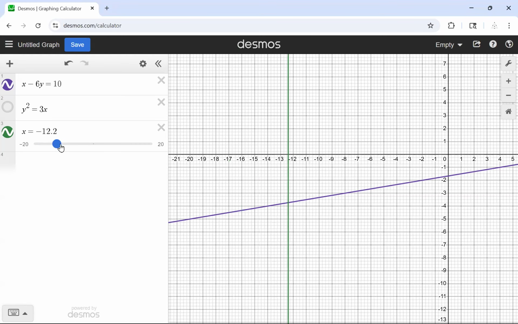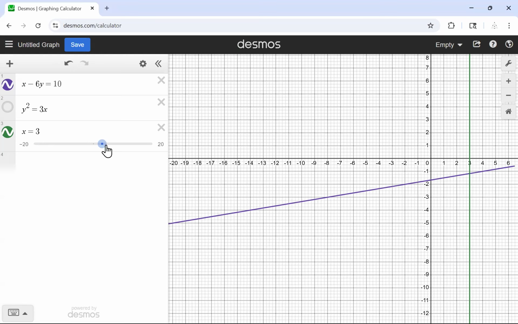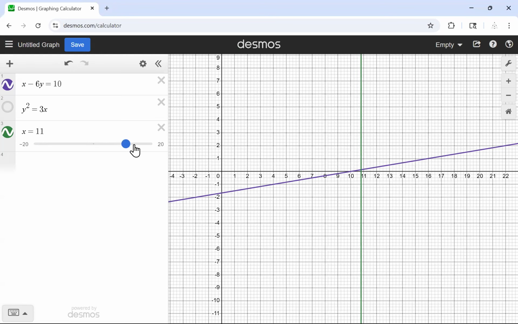No matter where I move a vertical line, it crosses this graph at one and only one point. So this passes the vertical line test, and therefore x minus 6y equals 10 is a function.